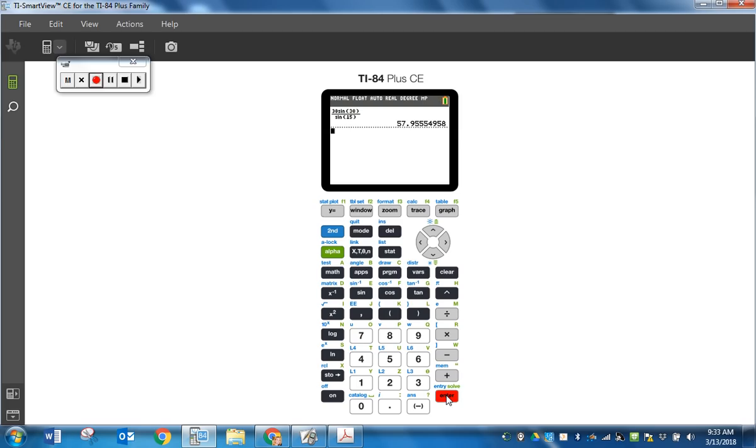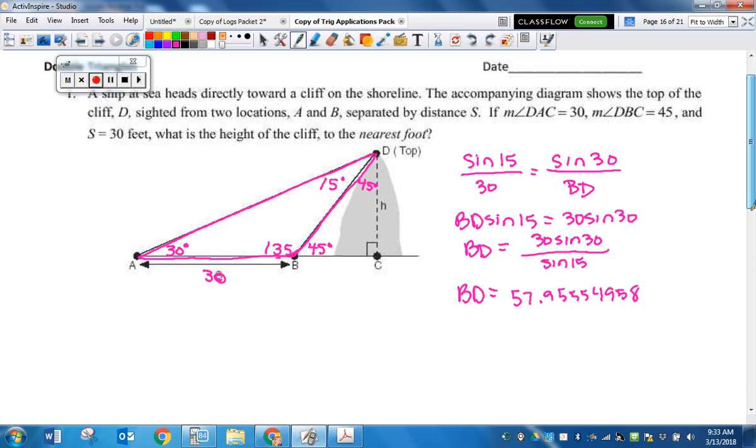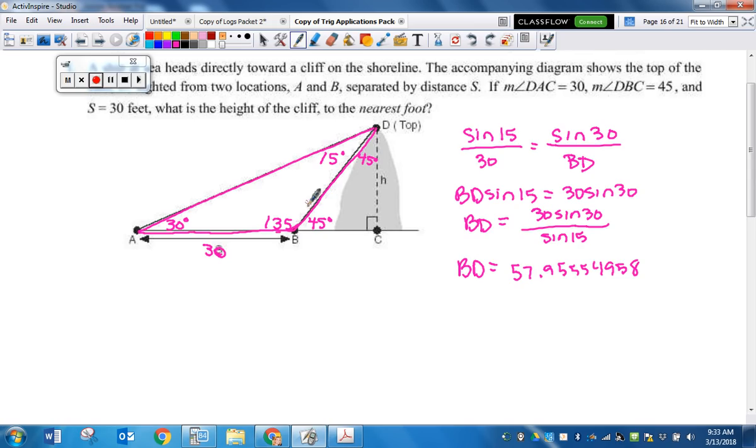Enter, I get 57.95554958. Okay, so 57.955549558 is BD. All right, that's great, but that's not what I'm looking for, so I'm not rounding. Ultimately that helps me because this is 57.95, what I wrote over there. So that's in that spot.